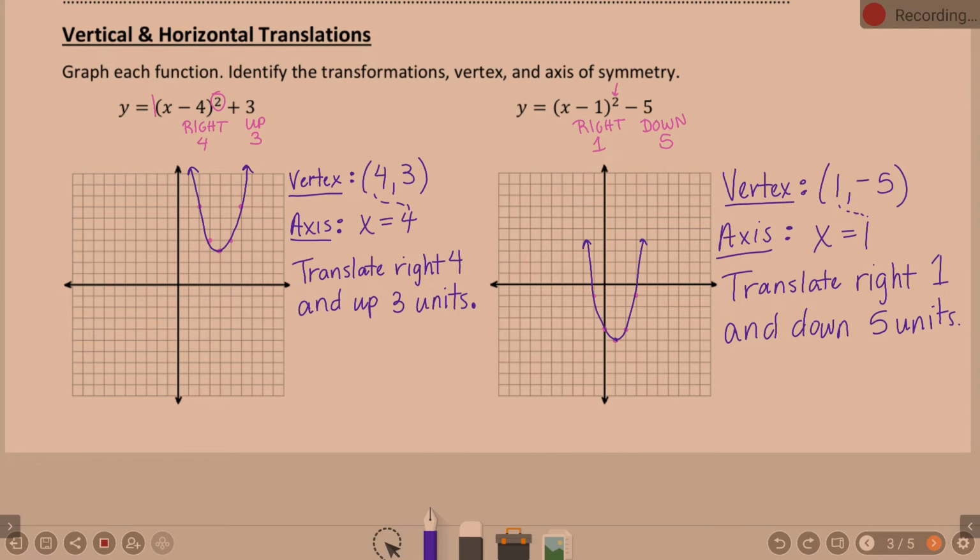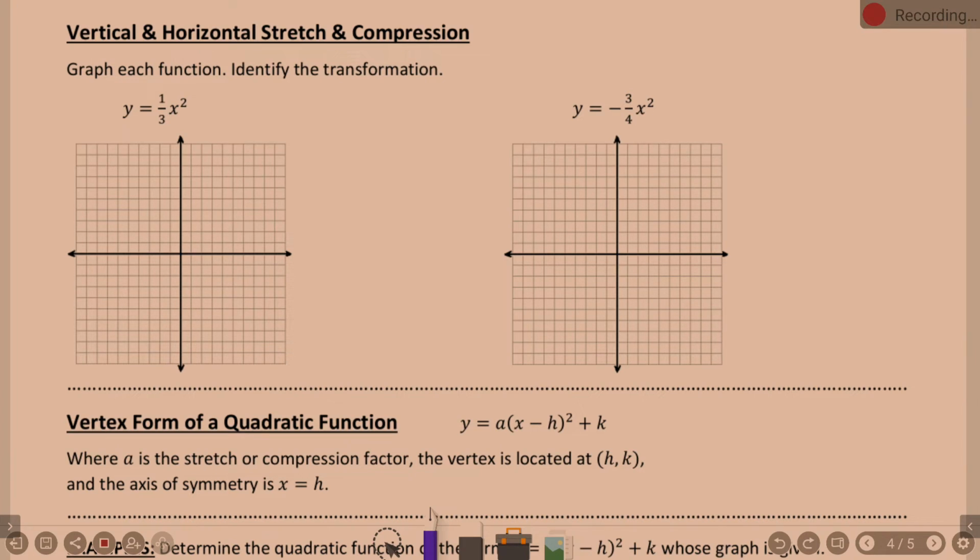We're graphing again. Identifying the transformation. It doesn't say anything about vertex and axis of symmetry, but what do you notice here? What do you see? Patrick? There's fractions. Our friends, right? Paul? Vertical compression.